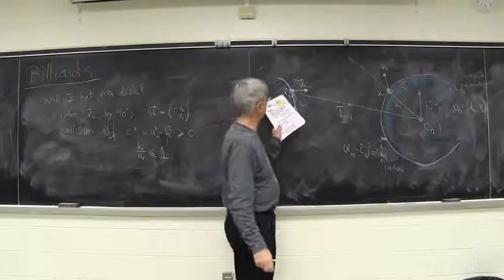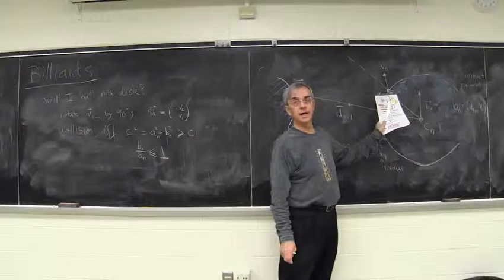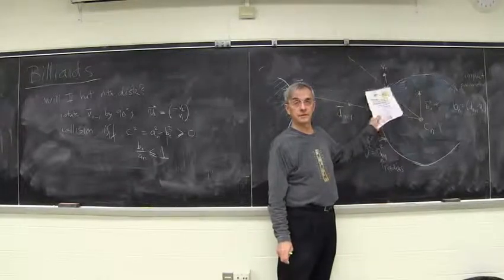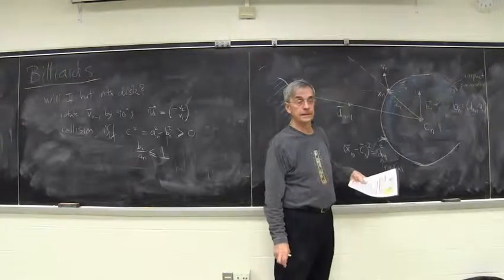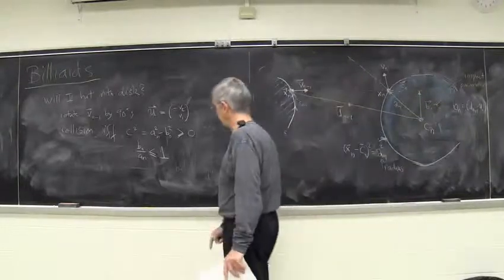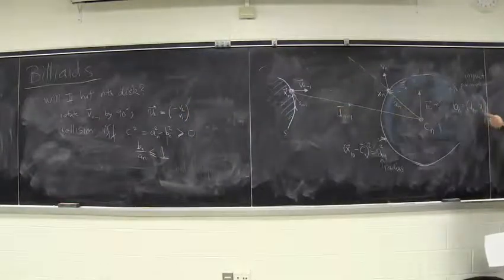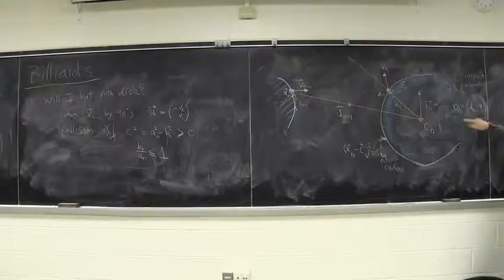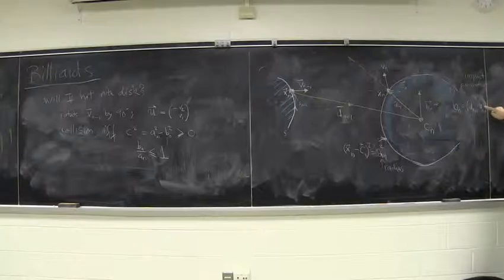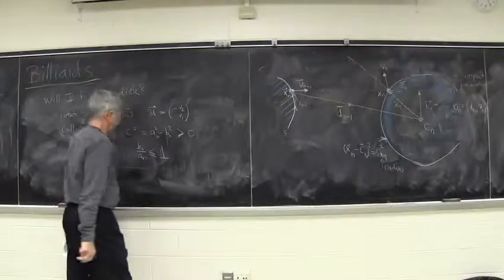You write a routine which computes the intersection of this line and the circle. It'll require some kind of quadratic equation. And then you check whether b, computed from the information that you already have, the distance to the center and next center, and this 90-degree rotated velocity, is smaller than or equal to 1.